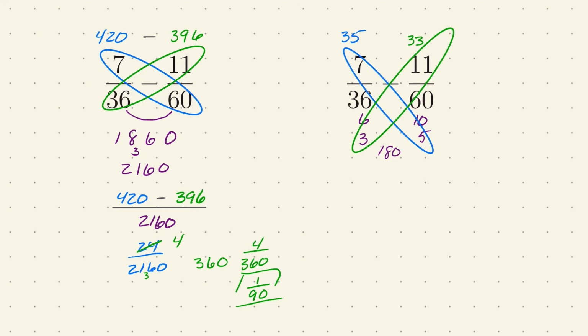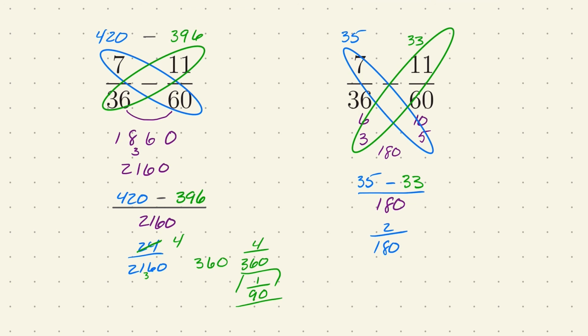So when I write this out, I have 35 minus 33 divided by 180. 35 minus 33 gives me 2 over my denominator. Now I see that this 2 here, 2 will go into 180 because this ends in an even or a 0 number.